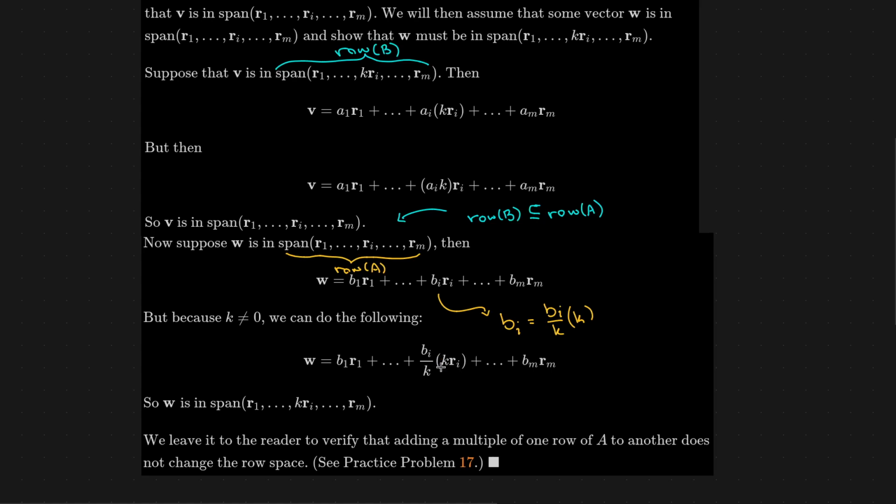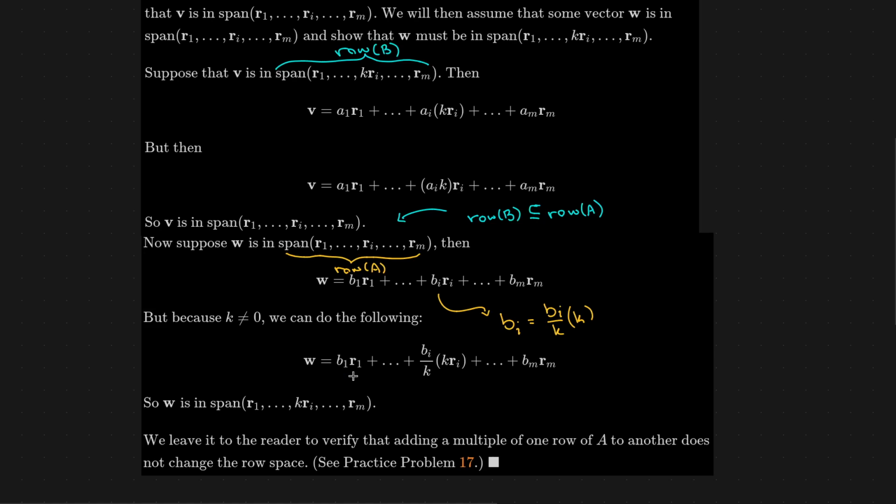Do you see that? And so now I don't have a constant times the ith row here. I have a constant times K times the ith row. This is now the ith row of matrix B. This is the linear combination after I've done the row operation.